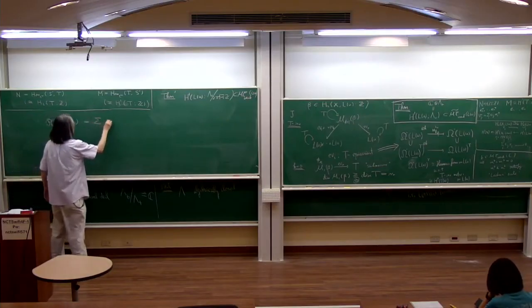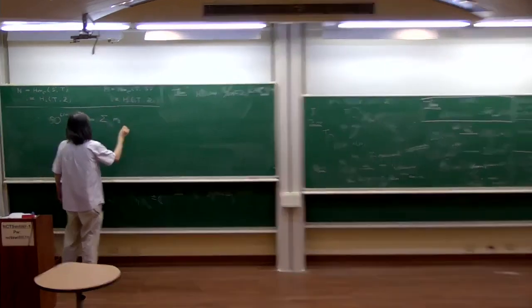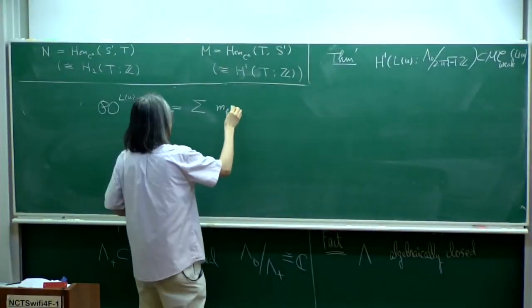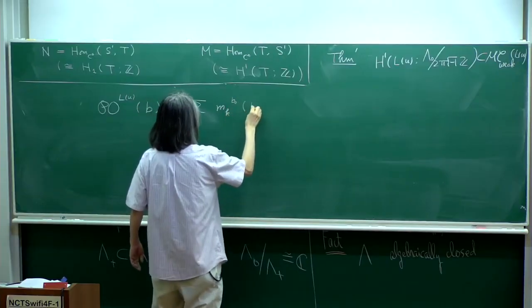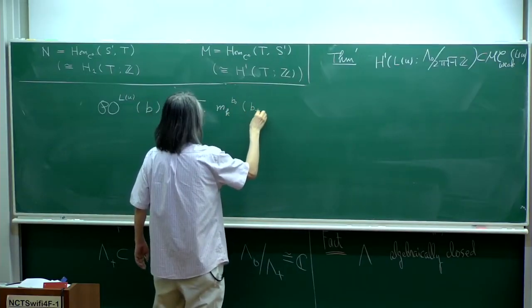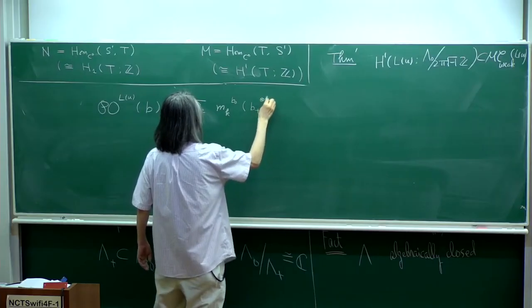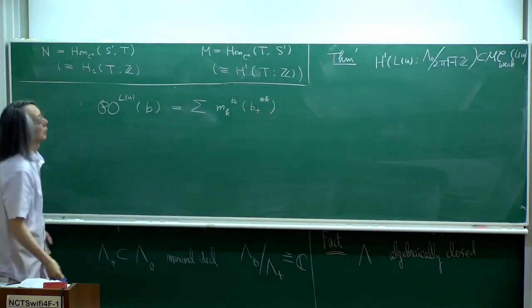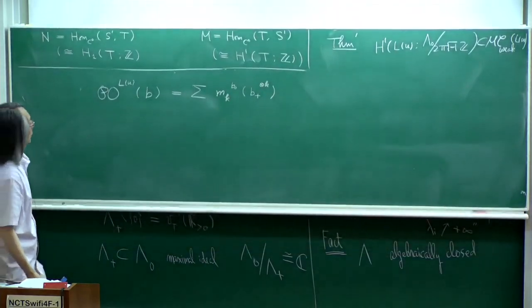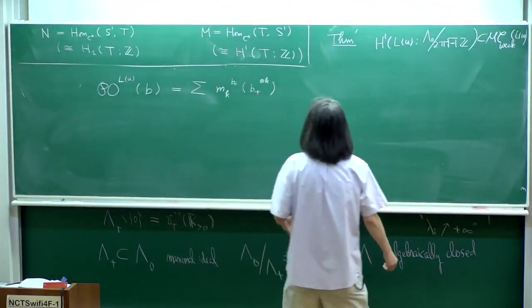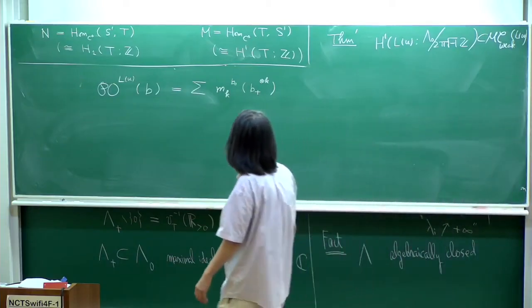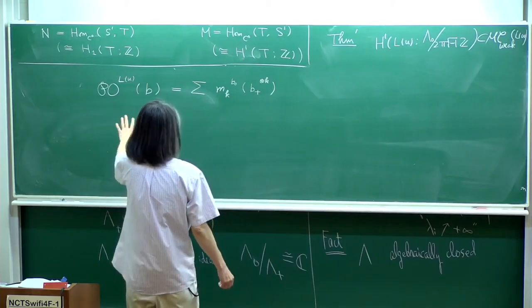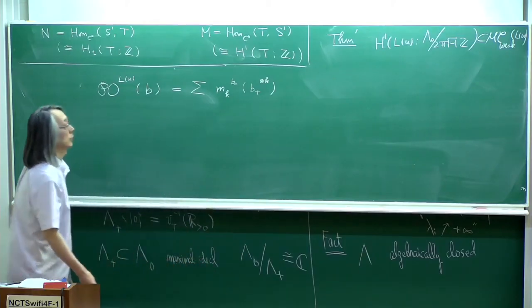In fact, more precisely, I have to put here B0, and then here I have to put B plus tensor K. Something like this. Maybe this may be better. Yes.